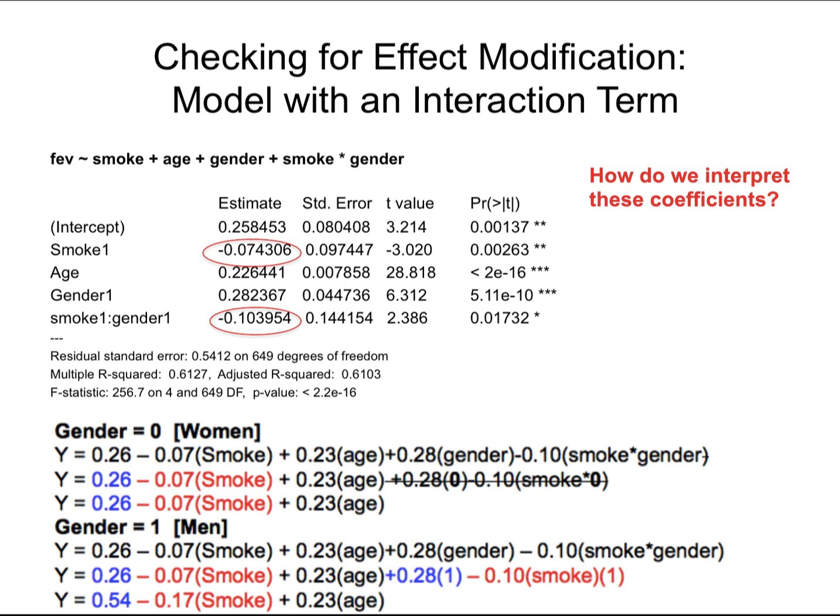This is a little bit trickier, and this will become easier to do the more you practice it, but when learning, the best thing to do is to write out the full regression equation. So one equation for each level of the potential effect modifier, one for women, gender equals 0, and one for men, gender equals 1. So let's start with the top equation for women.